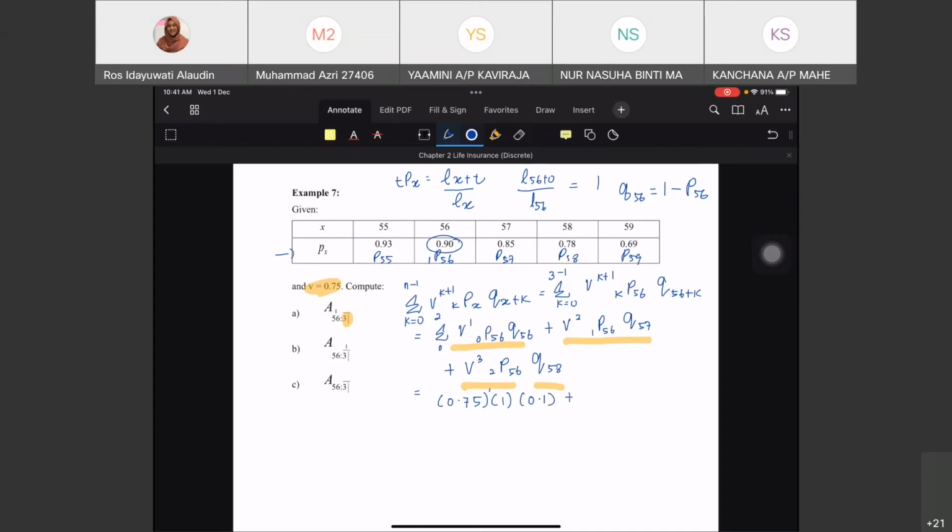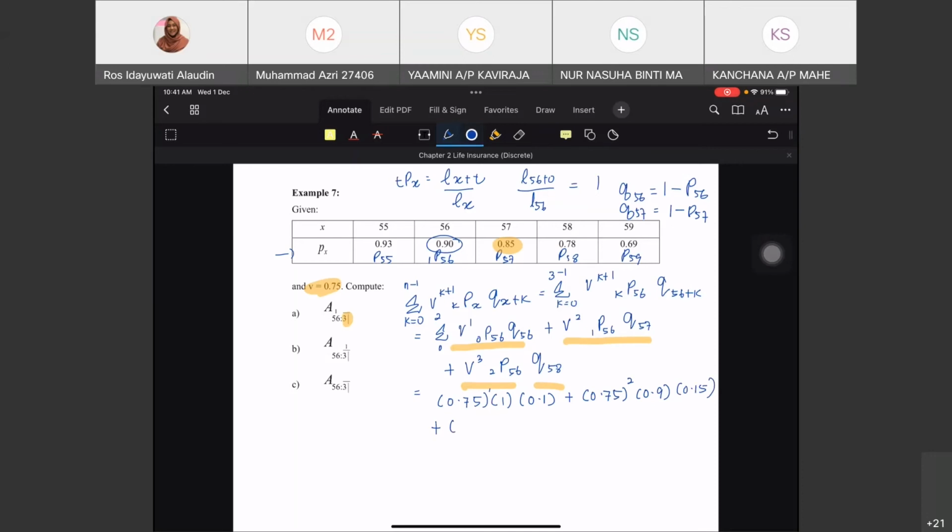Then v squared: v is 0.75 to the power of 2. p56, we already know, is 0.9. So what is q57? We can find it from the table, 1 minus p57. p57 is 0.85, and 1 minus 0.85 is 0.15. Okay, the last one is quite tricky.